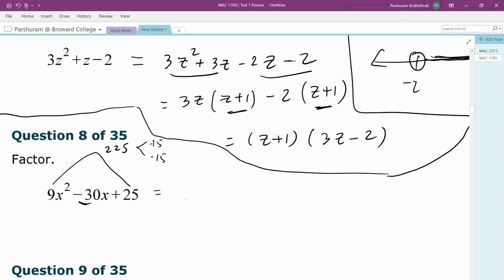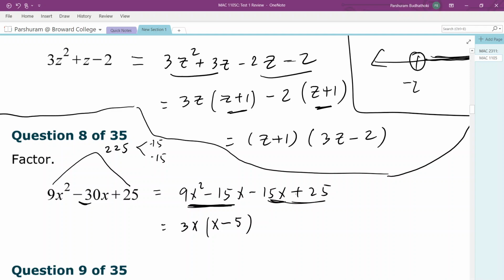So we can split this middle term as negative 15x, negative 15x, positive 25. Now we can factor from the first two terms, where the greatest common factor is 3x, and the leftover would be 3x minus 5. From the last two terms we can factor out negative 5, and leftover would be 3x minus 5, and here is the common factor.